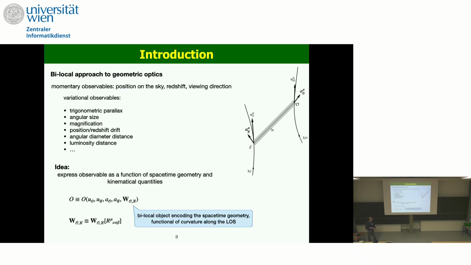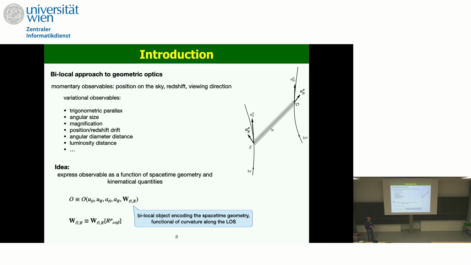Now the idea is to express all of these observables as a function of, first of all, the kinematical variables: the four-velocity of the observer, possibly also acceleration, the four-velocity of the source, and possibly its acceleration. Obviously, this type of special relativity effect connected with the way these two move through spacetime also matters, so they have to be taken into account.